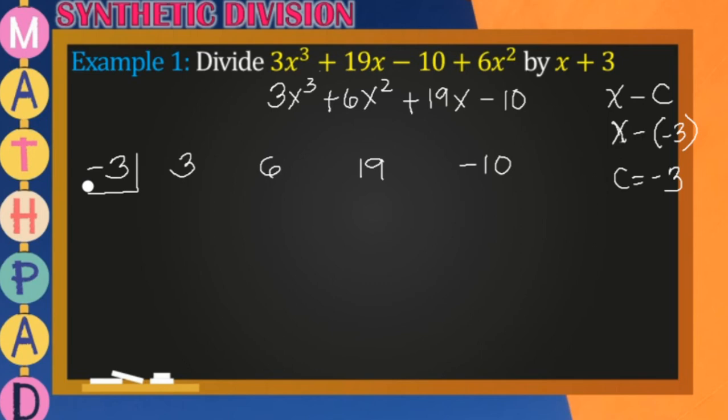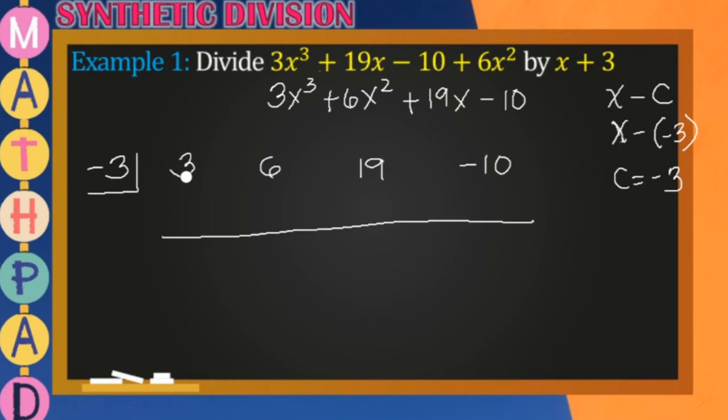Okay? Now, so, next is to add. Ang gagawin natin dito sa column, i-add natin yan. So, dito, since wala siyang katapat, 3 lang to. Then, multiply 3 dun sa negative 3. So, that's negative 9. Okay, then add 6 plus negative 9 is negative 3.